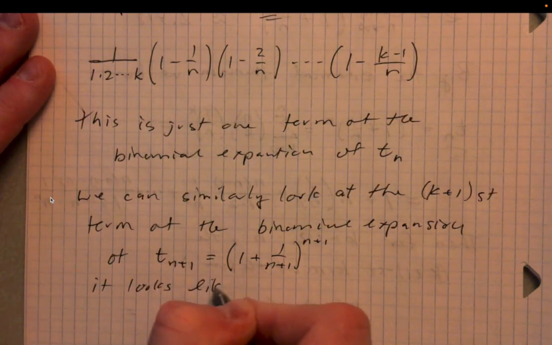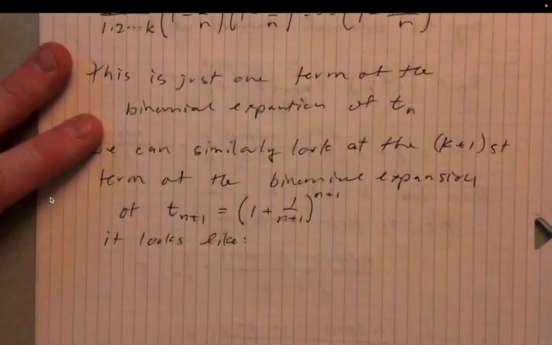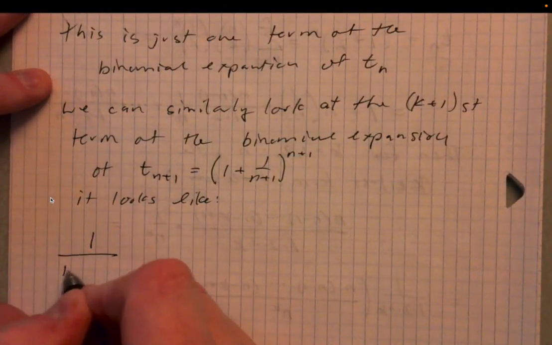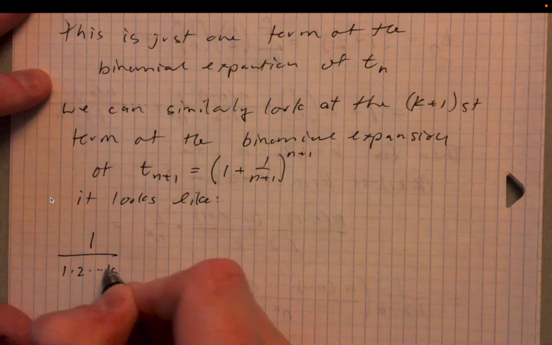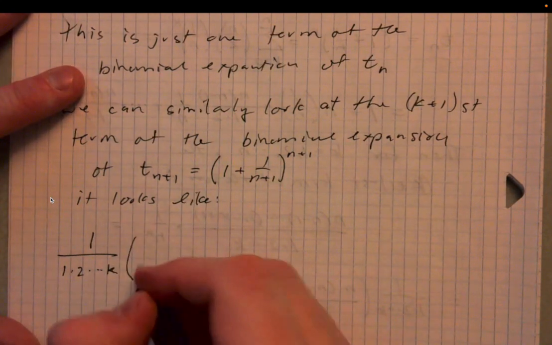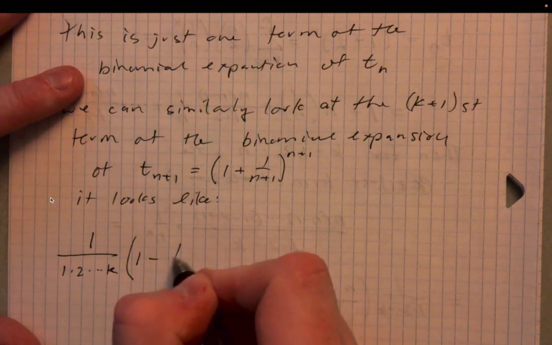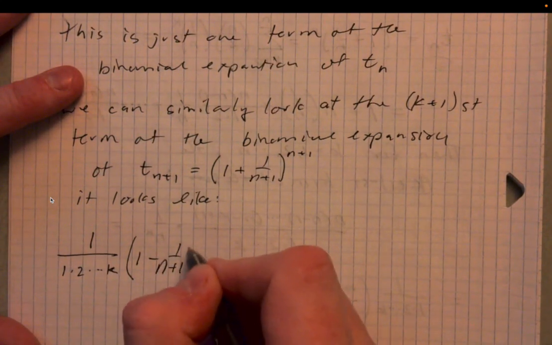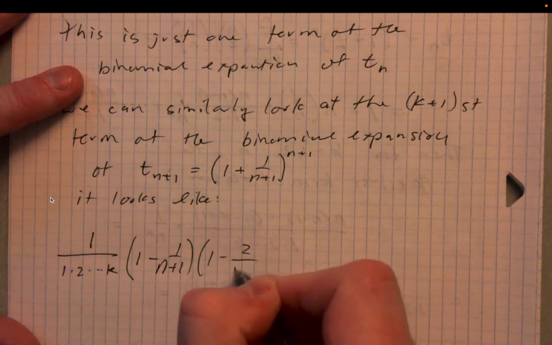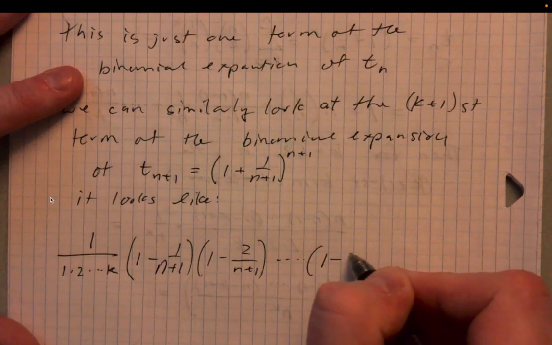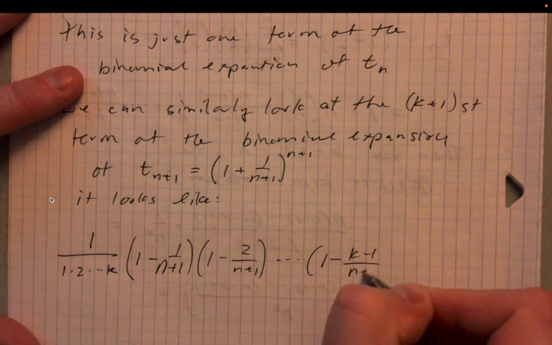It's the same exact argument as what we just went through. It literally looks like 1 over 1 times 2 dot dot dot k, so k factorial out front, and now each of these terms is instead 1 minus 1 over n plus 1, and then 1 minus 2 over n plus 1, dot, dot, dot, and then 1 minus k minus 1 over n plus 1. So it looks very similar, right?